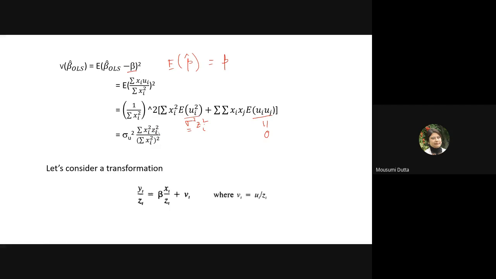Now looking at this variance structure, we understand it is not the minimum variance that we need to have in context of OLS estimators.